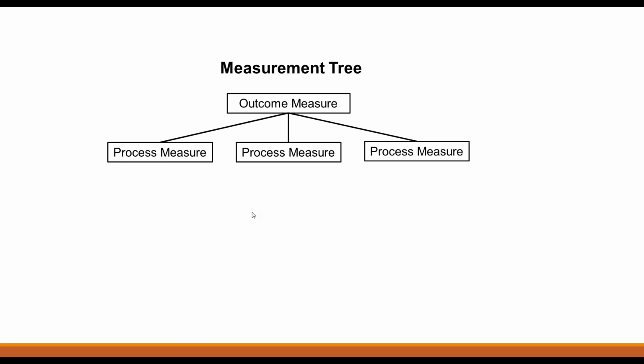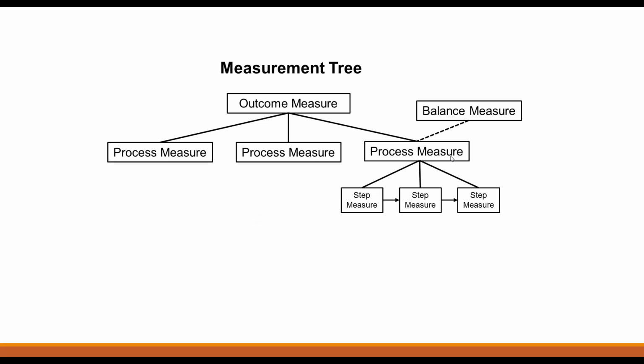Process measures can be broken down further into process step measures. And those are important because they represent the individual steps where we might take action and do something differently. And if we click again, the steps are where we can run PDSA cycles.